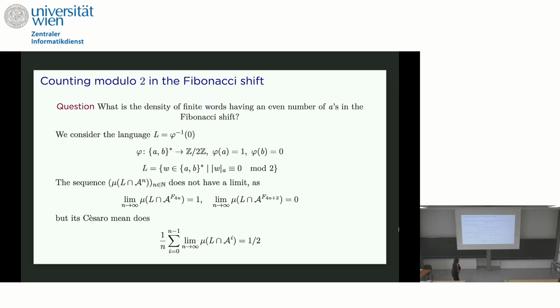If I count the words which have an even number of A's, there are moments in my language where, taking words of length Fibonacci of n, the density tends to 1, and taking words of length Fibonacci of n plus 2, the density tends to 0. So there is nothing nice here.